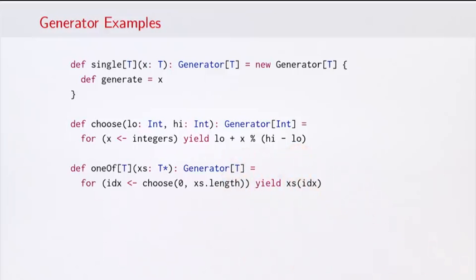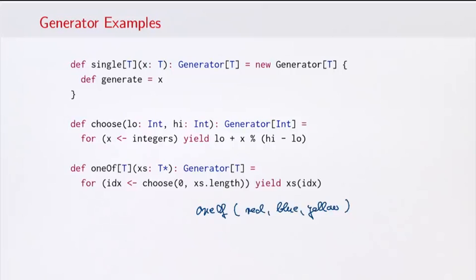The last generator, oneOf, can pick an arbitrary value from a list of choices. So you can call it, for instance, like this. oneOf of three colors, red, blue, yellow, would give you a random color that can be red, blue, or yellow. oneOf takes a vararg argument T*, which means that you can give it as many choices as you want.